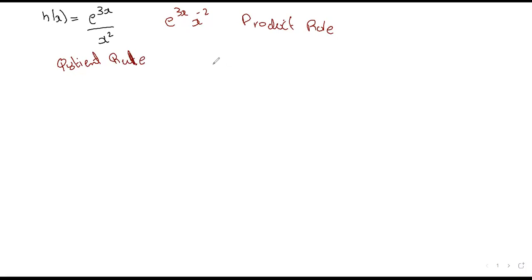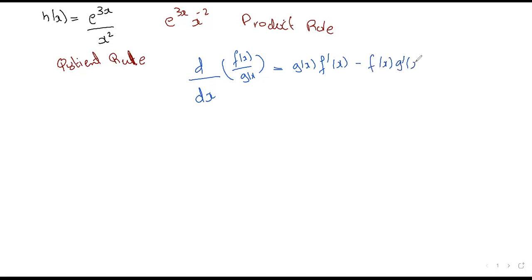Okay, so the quotient rule says if you are to differentiate something that is of the form f of x divided by g of x, you are going to write it as g of x f dash x minus f of x g dash x divided by g of x square.